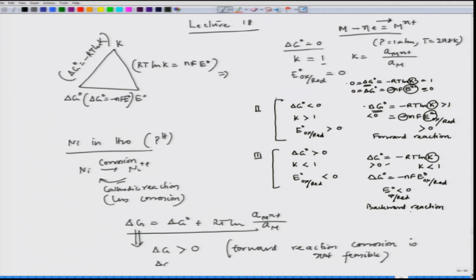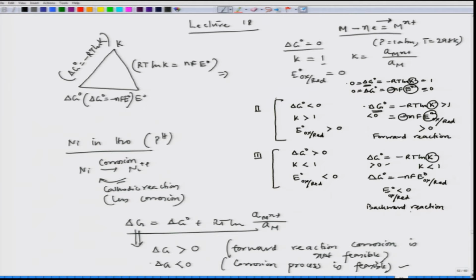And if delta G is less than 0, that means the corrosion process is feasible, and here we are considering it with reference to corrosion.